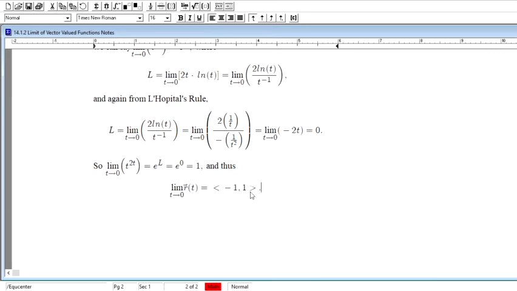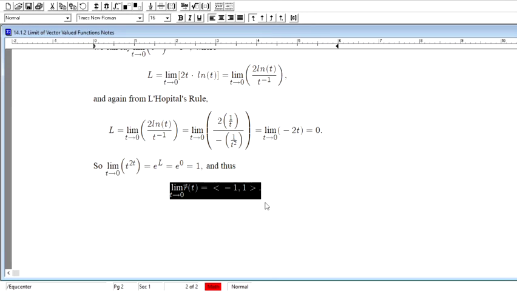Since L is equal to 0, we know the limit of the second component in our vector-valued function is going to be equal to e to the L power, which is e to the 0 power, just 1. And thus, we're able to substitute that value of 1 into the limit of our vector-valued function.